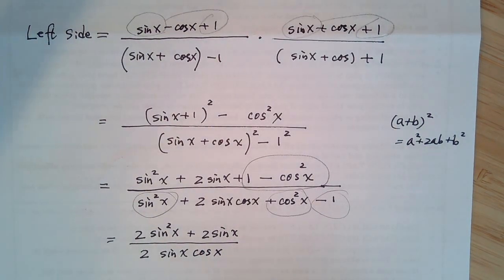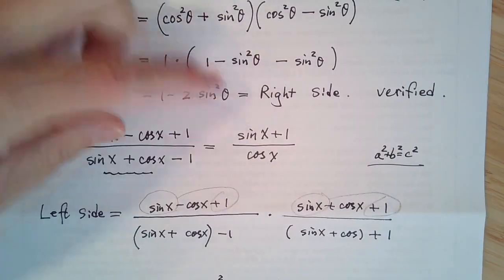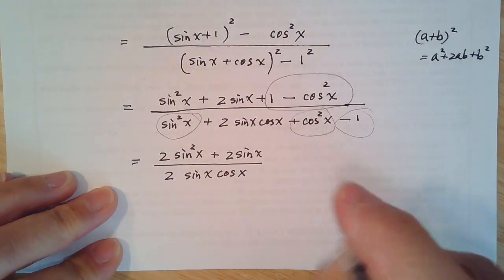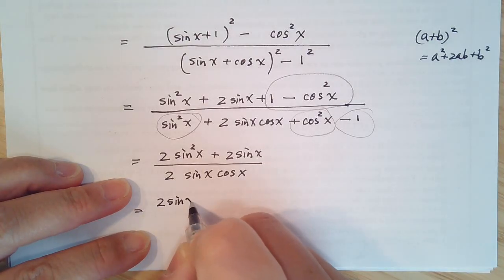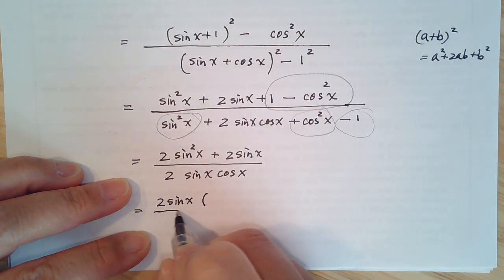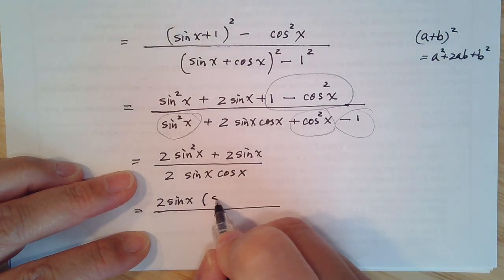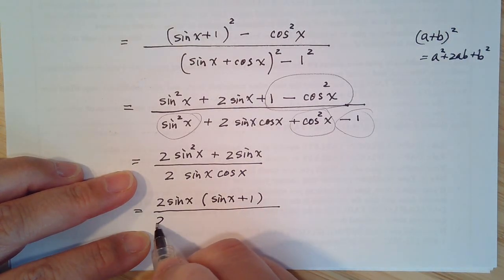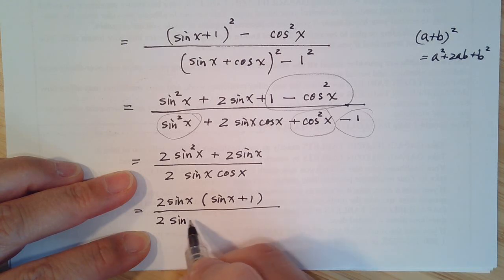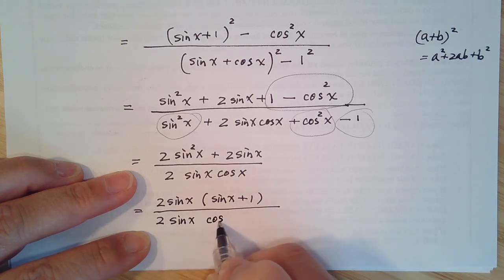We're almost there, right? Do you remember you want something that looks like this? Looking at my numerator and denominator, I notice that I can factor 2 sine x out. Inside I have sine x plus 1, and the bottom I get 2 sine x cosine x.